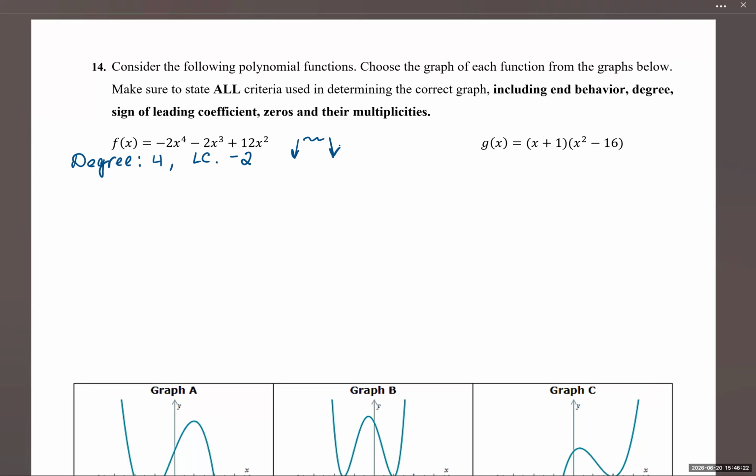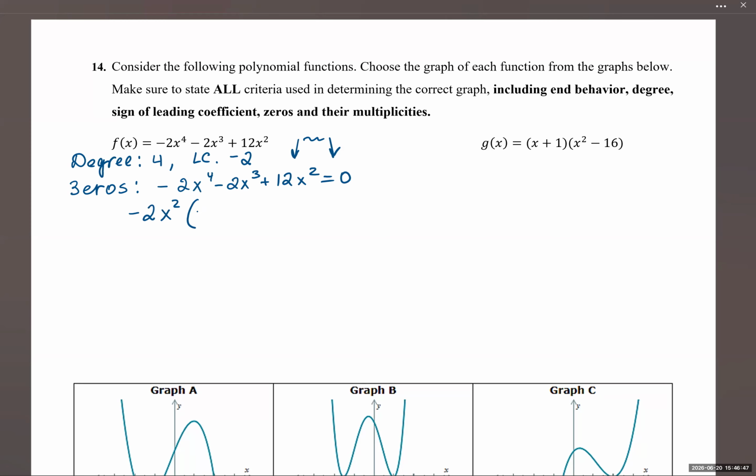Both ends will point down. Now we'll need to do the zeros of this function. We'll go ahead and set it equal to 0 first. -2x^4 - 2x^3 + 12x^2 = 0. Now, we can factor out the greatest common factor, which is -2x^2.